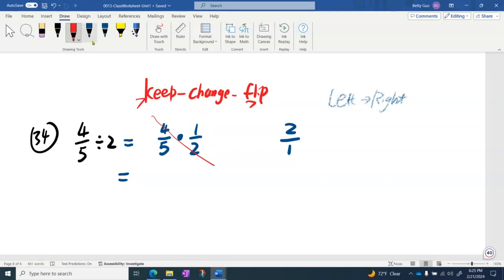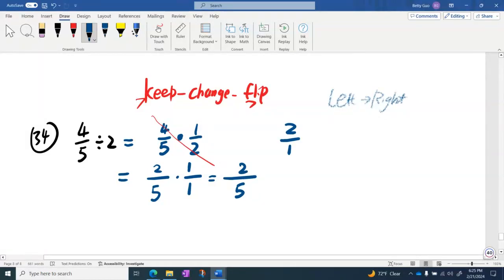So we can cancel the common factor 2. Then 4 becomes 2, 2 becomes 1. And then we copy the upper right 1 and bottom left 5, and then we multiply across. 2 times 1 is 2, 5 times 1 is 5, so 2/5.